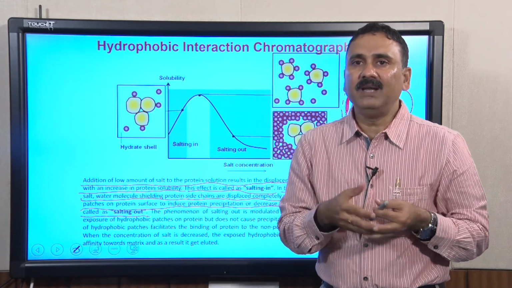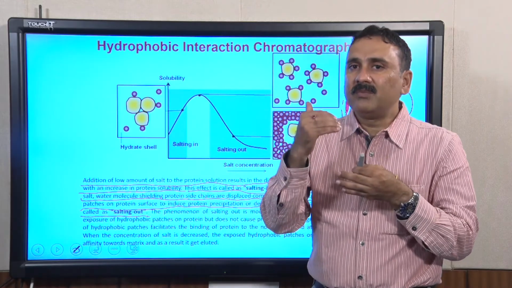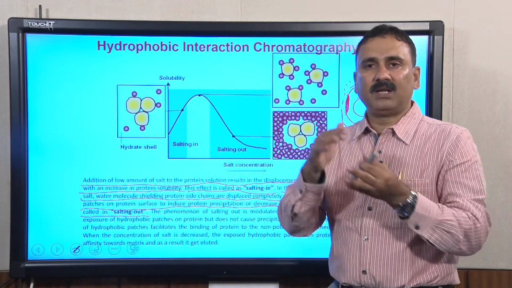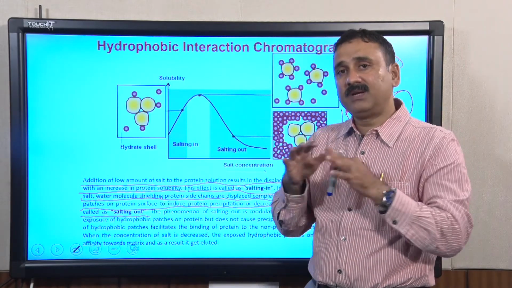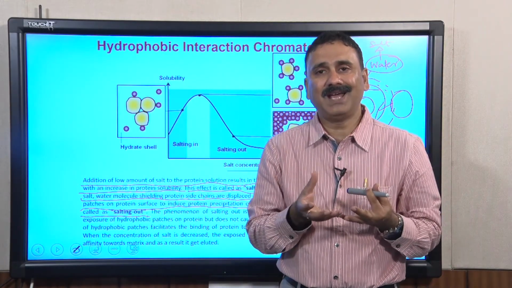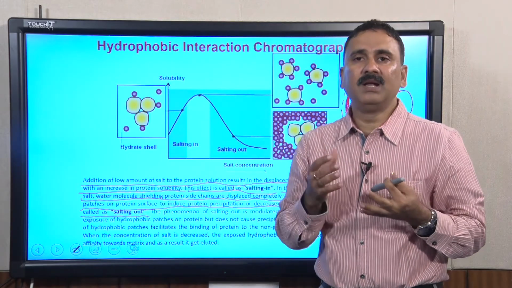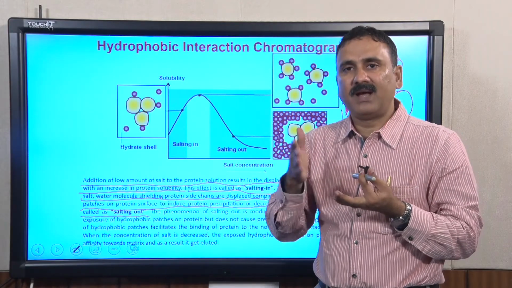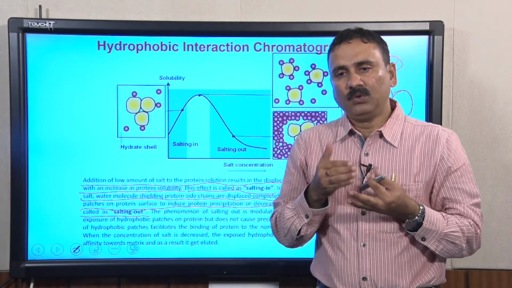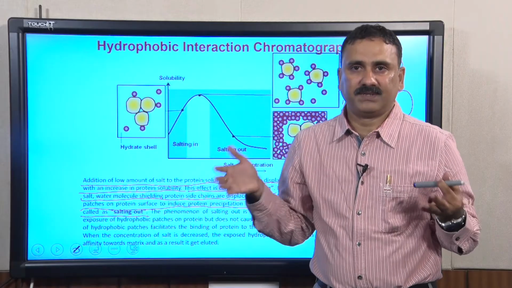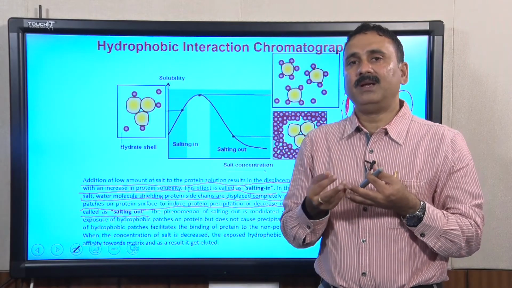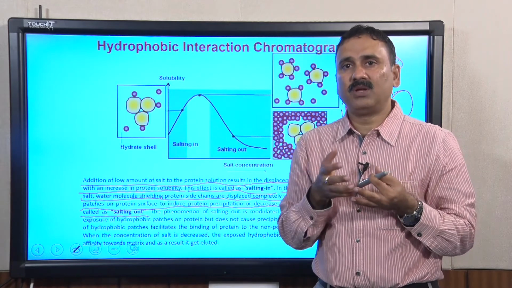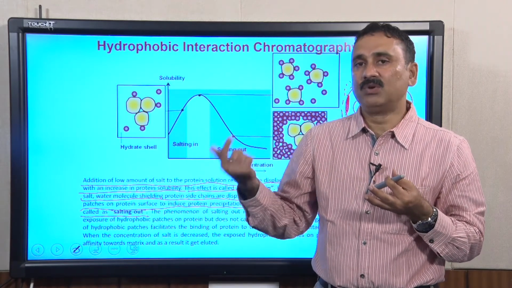So, if you vary the salting out, you can separate them. You can precipitate some proteins, but the other proteins will still remain in the solution because their hydration shell is still intact, and if you add some more salt, those proteins also get precipitated. So, if you do it in a stepwise manner, you can separate the different proteins, and that is always done in a traditional biochemistry way, where you precipitate the protein by adding different amounts of salts.